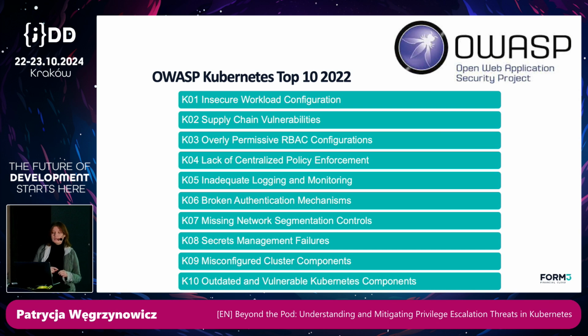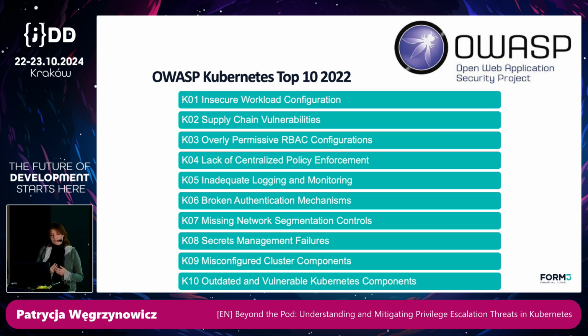Connected to insecure workload configuration is lack of centralized policy enforcement, number 4, because we shouldn't allow deploying any misconfigured or not securely configured workload to our clusters. So we need some sort of a mechanism to prevent such deployments.